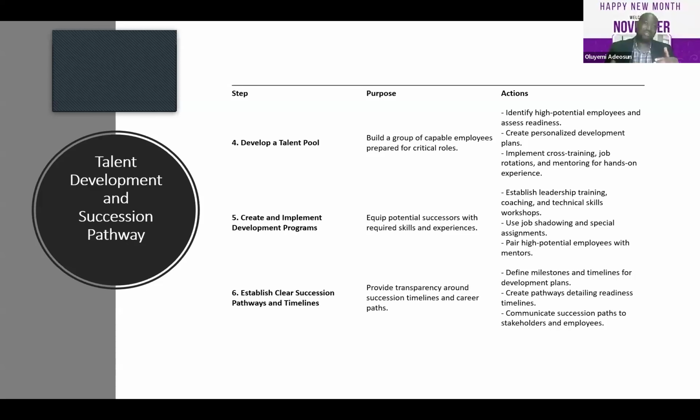Communicate succession plans to stakeholders and employees. So some people typically ask, if employees are on the succession planning pipeline, should they know? My answer is yes.